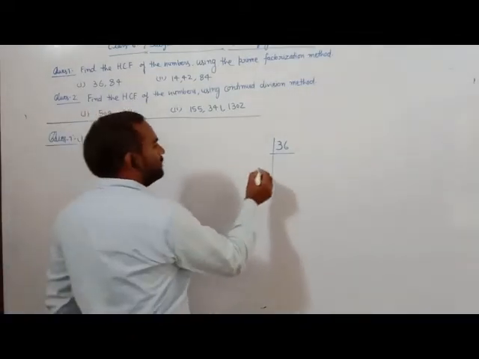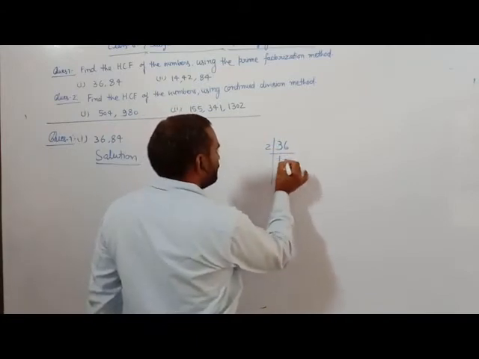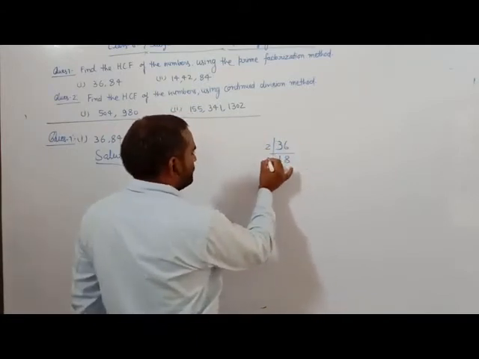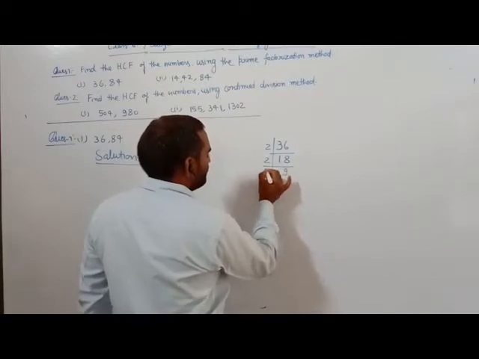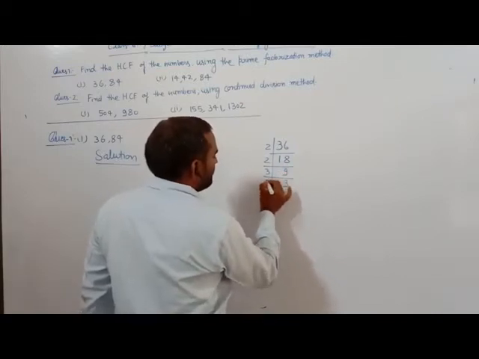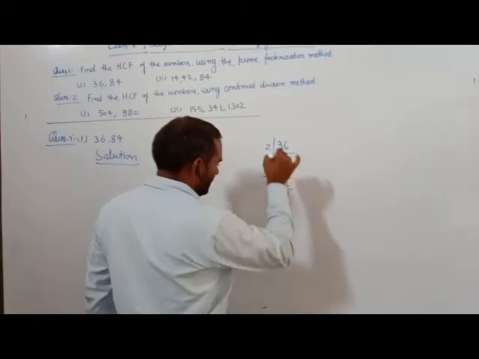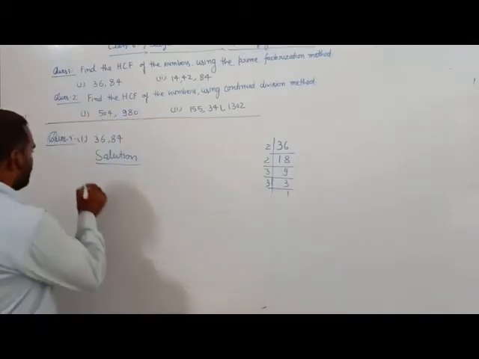So it is divisible by 2. 2 ones are 2, 2 eights are 16, 2 nines are 18, 3 threes are 9, and 3 ones are 3.